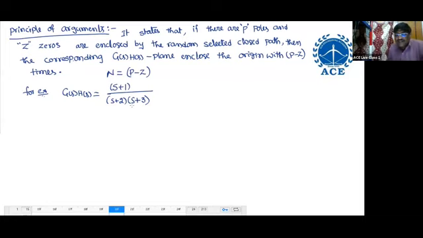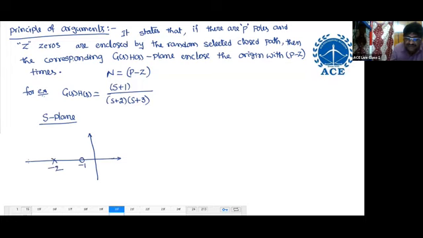Then where are the poles and zeros? First, poles and zeros are represented in the S plane: one zero at -1, one pole at -2, one pole at -3. Then the G(s)H(s) plane is, then randomly select one closed path.